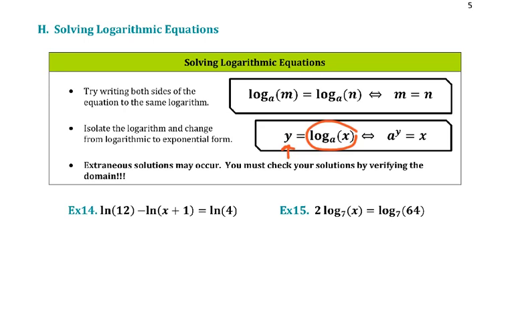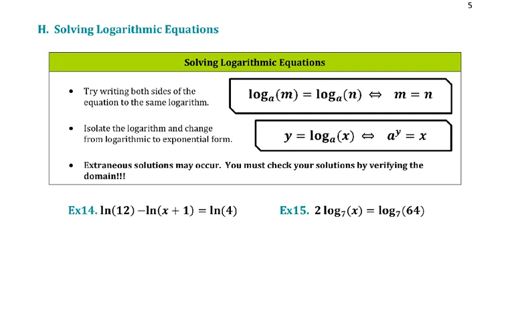So if you have one log equal to a number, you convert. If you have one log equal to one log, you're going to drop the logs. And you do need to remember that we can have extraneous solutions because the argument of a logarithm must be greater than 0. So you're always going to want to check and make sure your solutions work.